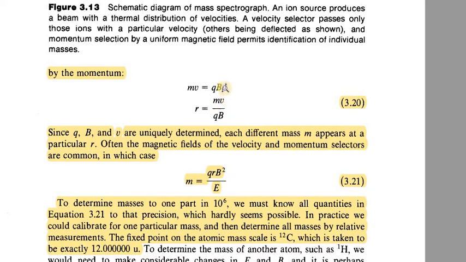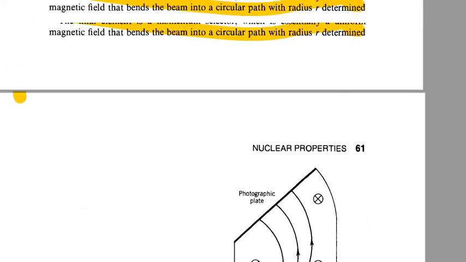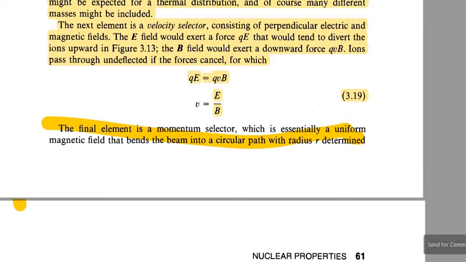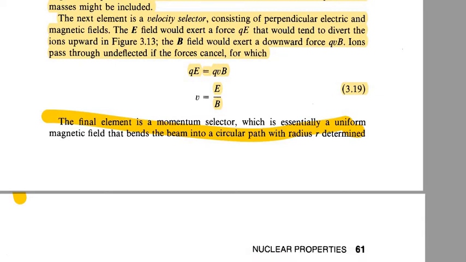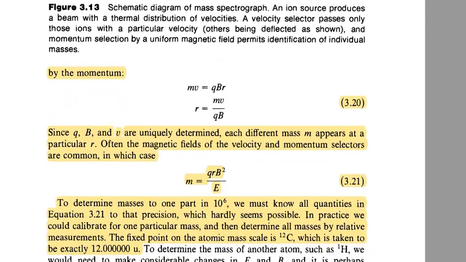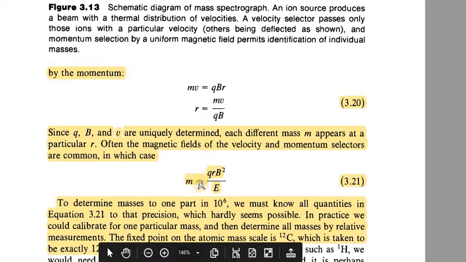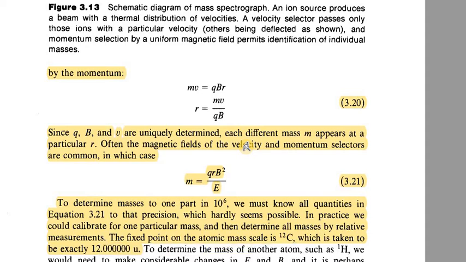Again v is E by B. When you substitute that velocity, v equal to E by B, and rearrange the equation, you can write mass equal to qrB square by E. Since q, B and v are uniquely determined, each different mass m appears at a particular r.